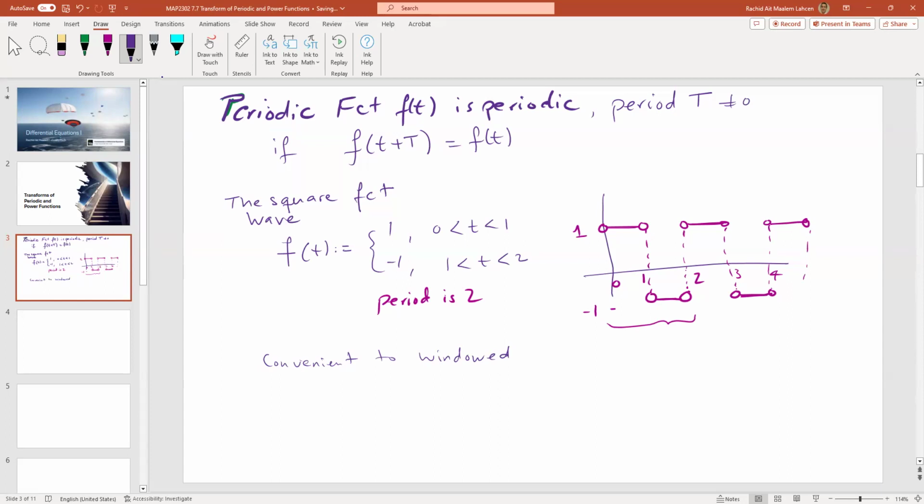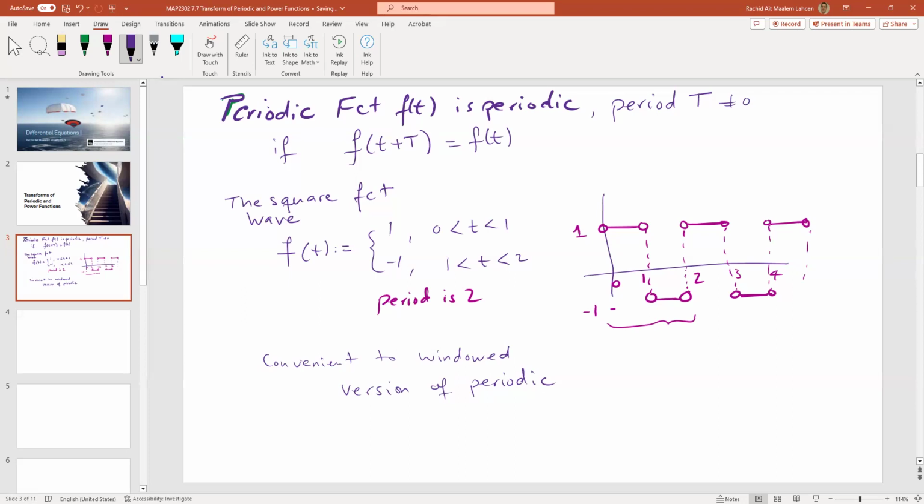You see that we can put that window on it, a window version of a periodic function. So we will do that in order to get into these transforms and be able to use it in a better way. Right.